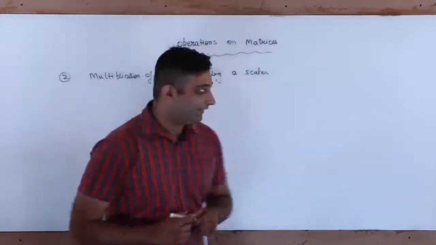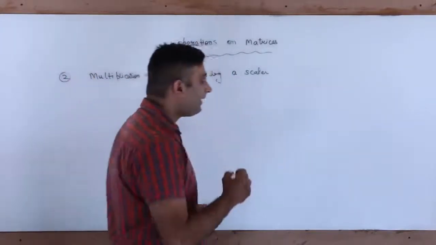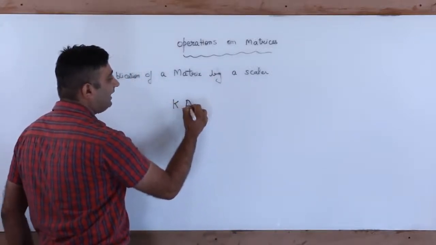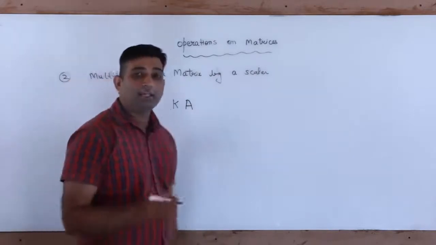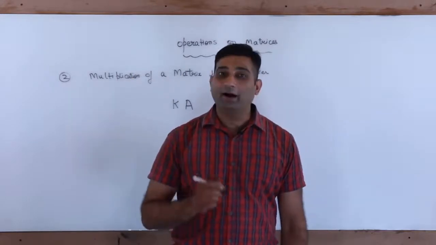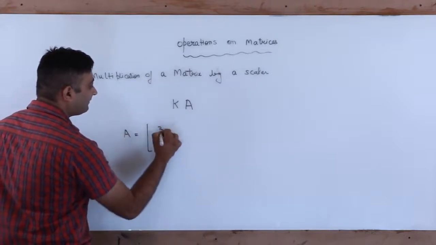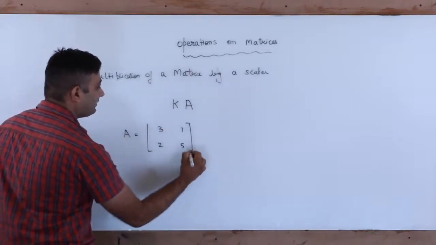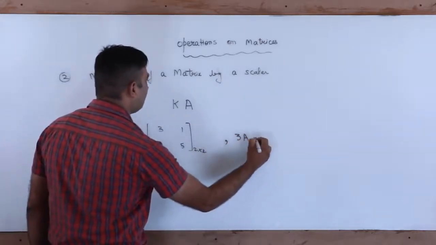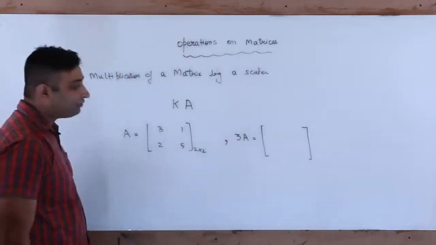Now let us understand the second operation, that is multiplication of a matrix by a scalar. If a matrix A is multiplied by a constant K, then KA is a matrix which can be obtained by multiplying each entry of that matrix by K. For example, if A is a matrix having elements 3, 1, 2 and 5, which is a 2 by 2 matrix, then the matrix 3A can be obtained by multiplying each entry of this matrix by the constant 3.